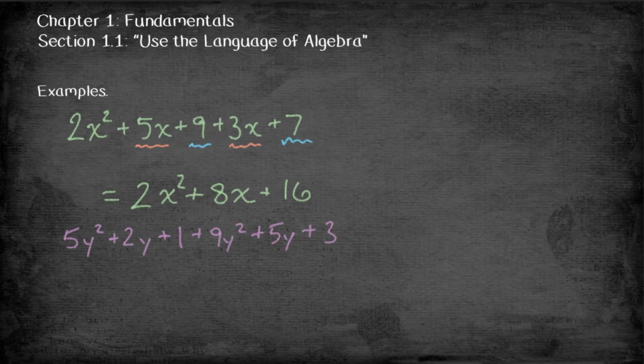Is that long enough? Nah. Minus 2y. All right, so now we're going to identify which are the like terms. Let me separate here so it's a little bit easier to tell which is which.